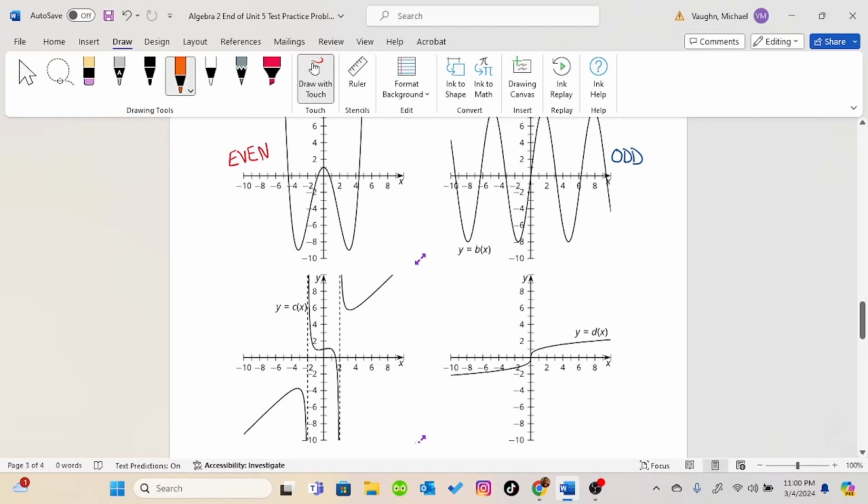Next, we can look at the bottom right. If we tried to rotate this around the origin, since it does not go through the origin, we would not get the same graph back. So this is not odd.